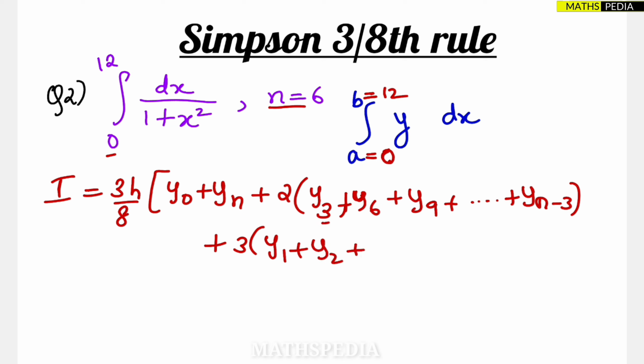Y3 I cannot consider because I have taken it already. The terms will not be repeated, always remember. So y4 plus y5 and so on till yn minus 1, the second last term. So this is the formula.